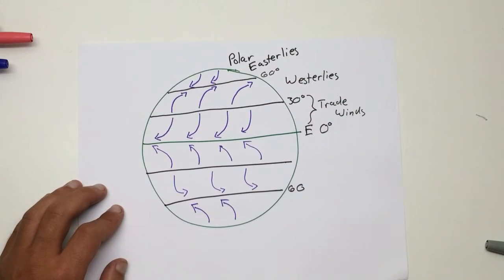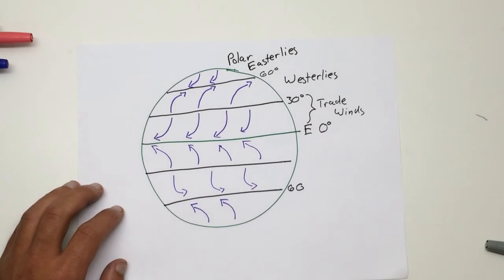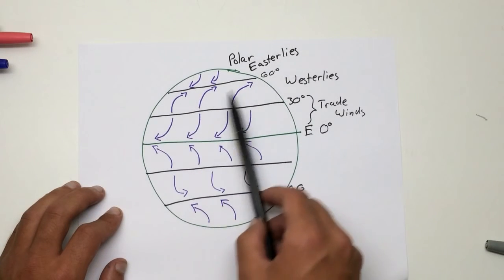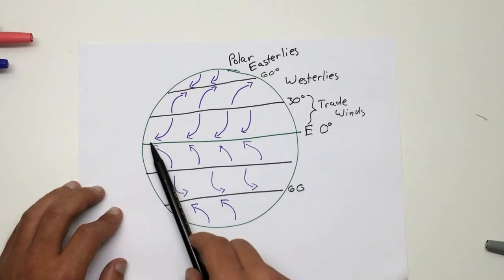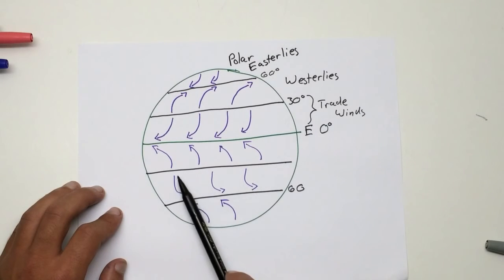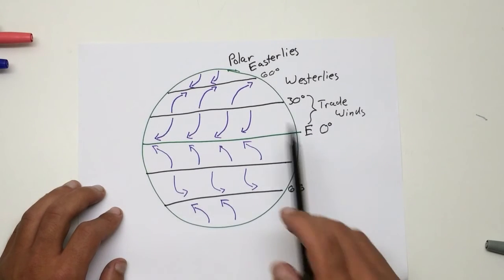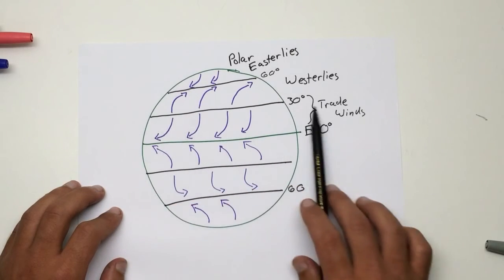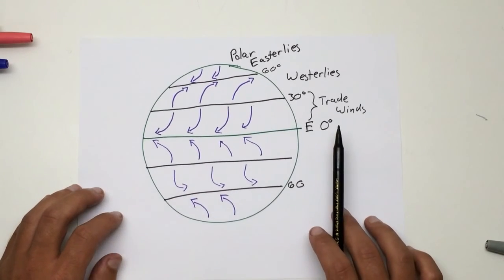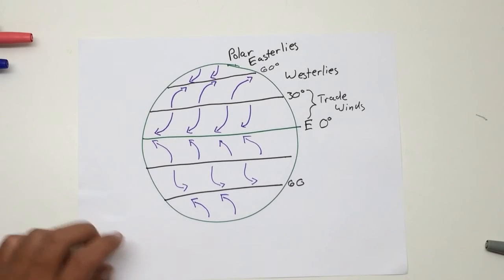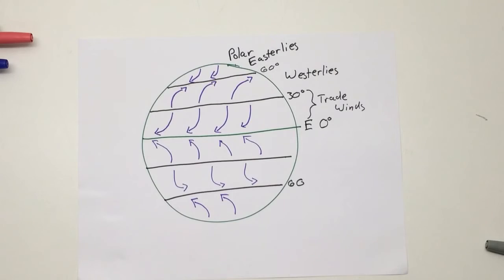Okay, now there's one more thing that I want to talk about as far as global winds. These areas here along the 60 degree, 30 degree, and equator lines that we drew here are areas of relatively low or no wind. Most of the wind in the world happens in between them, and these spots end up being very dry and not having much wind. Now, that actually concludes everything that I want to talk about.